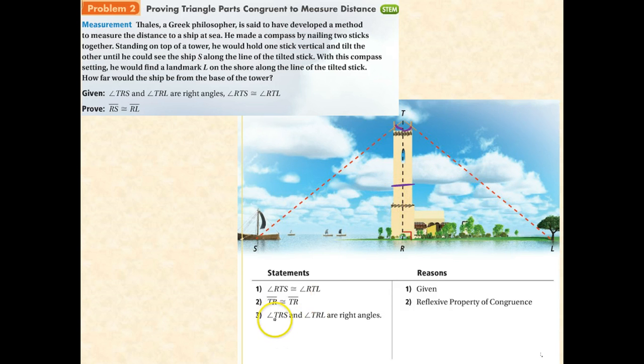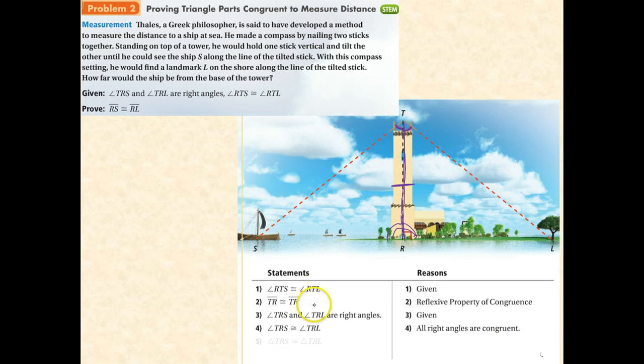We are given that angles TRS and TRL are right angles. That's given. But what do we know about right angles? They're all congruent. So now we can say that angle TRS is congruent to angle TRL. So these are congruent angles now. Okay, so now we got angle, side, angle.